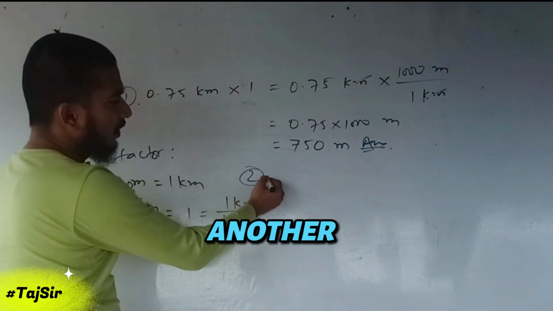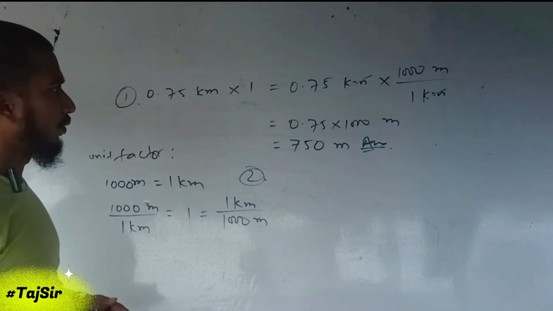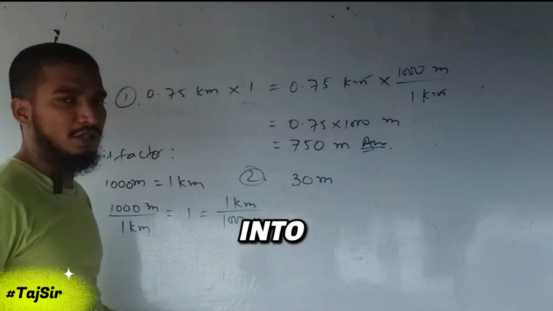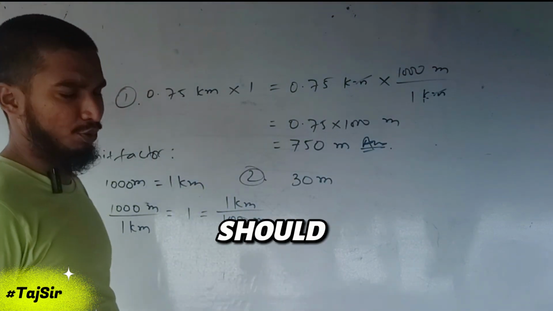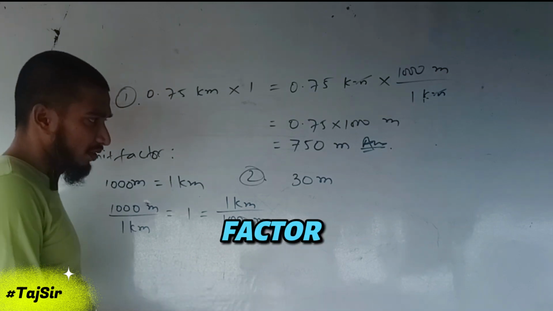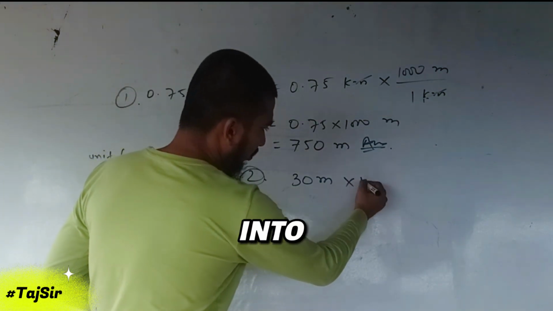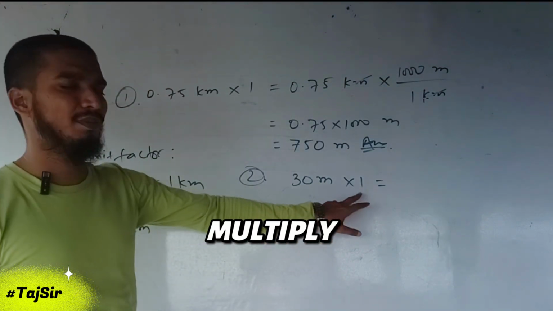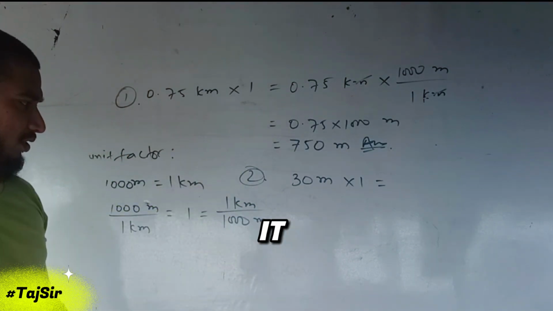Now take another example. If we want to convert 30 meters into kilometer, what should we do? We just need the unit factor. We can write 30 meter into 1, which does not change anything, because we can multiply anything with 1 without changing it.